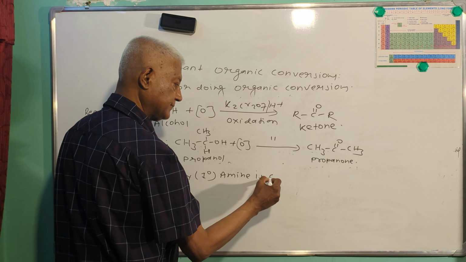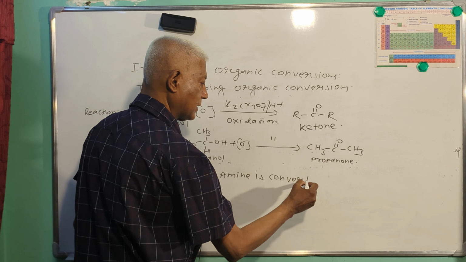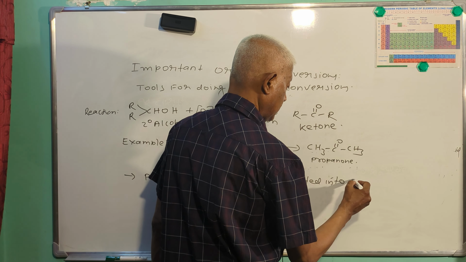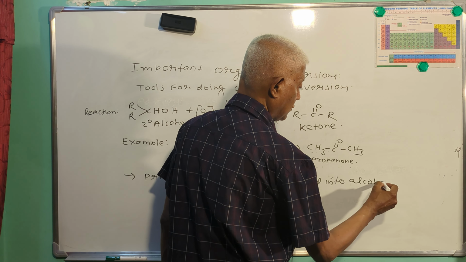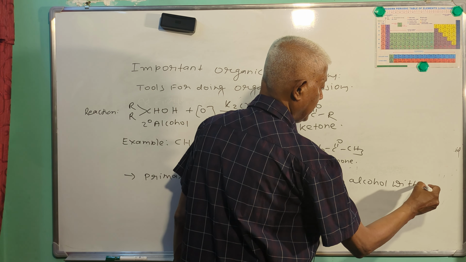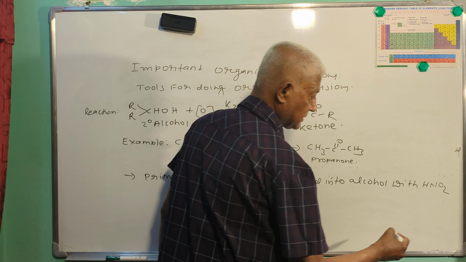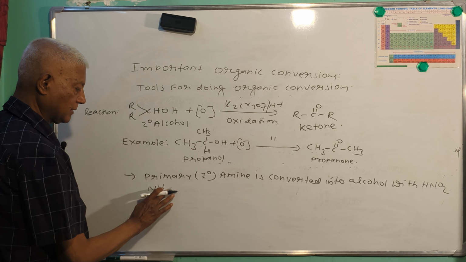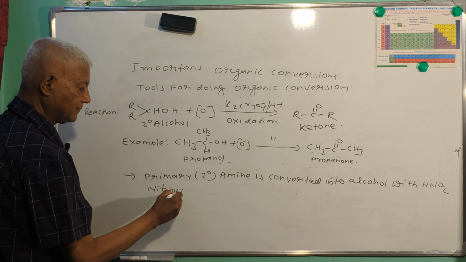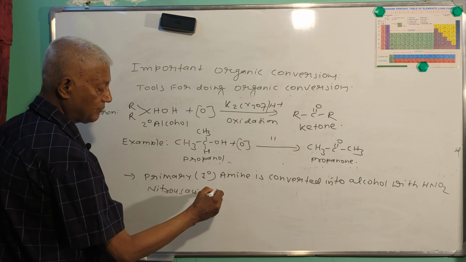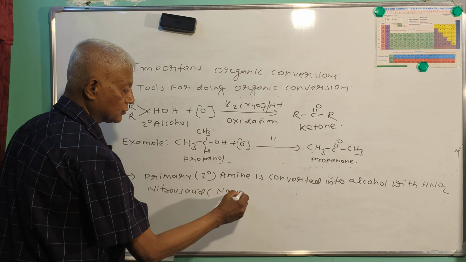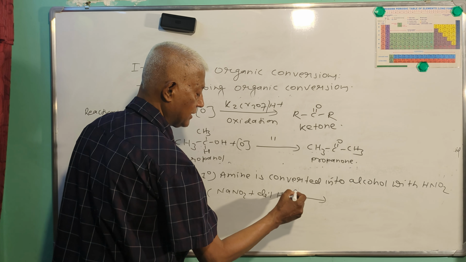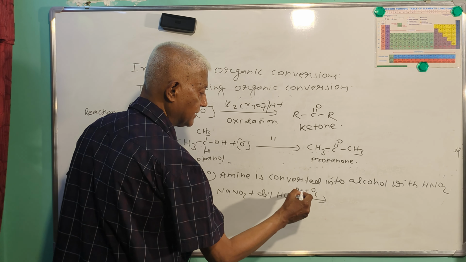Amine is converted into alcohol with nitrous acid, that comes from the reaction of sodium nitrite plus dilute HCl at low temperature, 0 to 5 degrees centigrade.